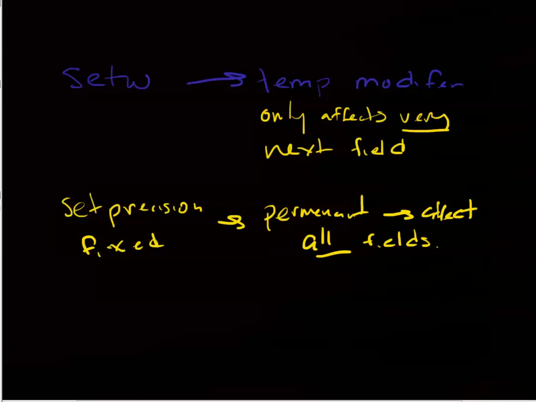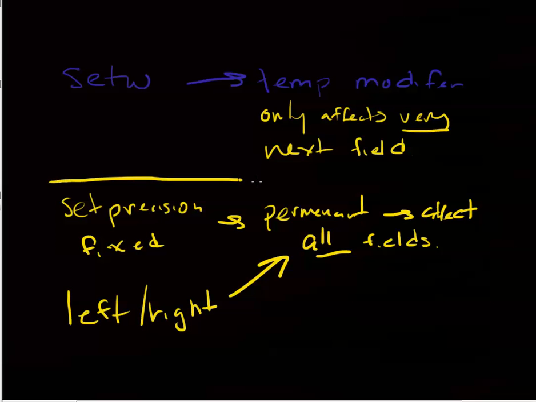So again, if we want to keep a running list of our stream modifiers, left and right are also permanent. They have to be reset. So set width is sort of the oddball. Set width has to be respecified before each individual field is printed. And if you don't print it, then it just uses the default.